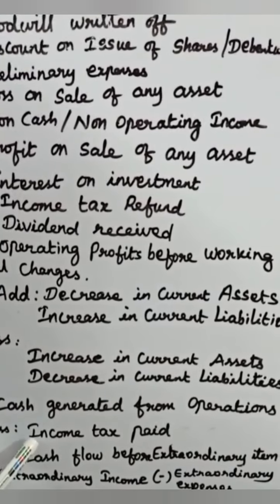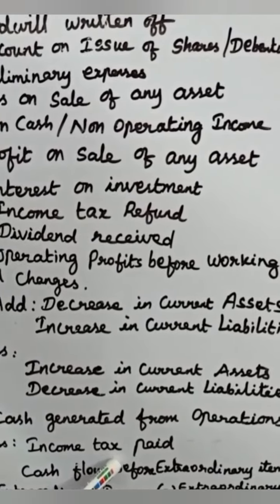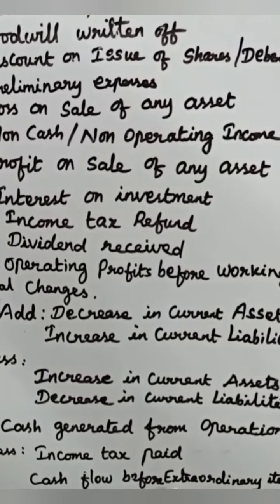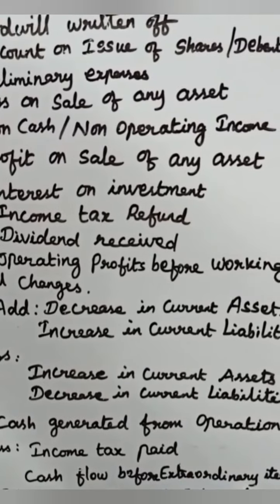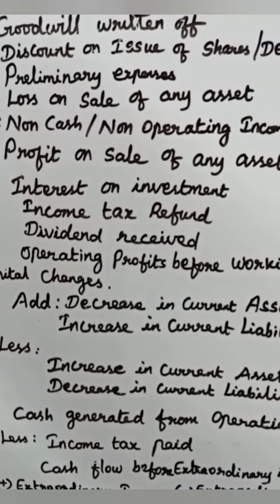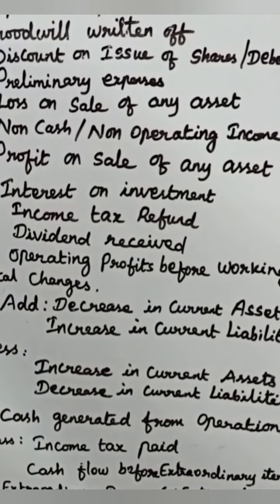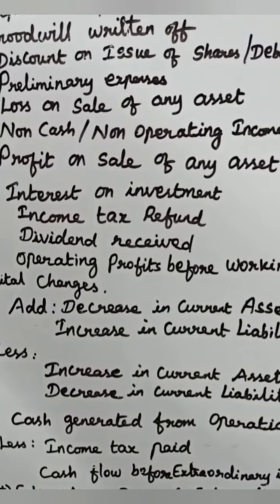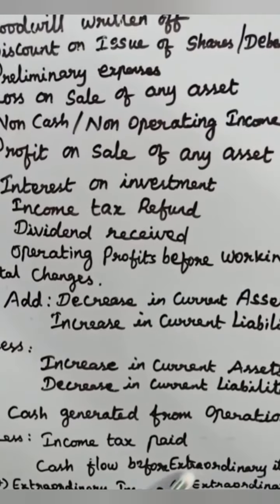Then you have to subtract the actual taxation paid. You will get cash flow before extraordinary items. Next, you have to add any extraordinary income. If the information given relates to extraordinary expenses, you have to subtract it.